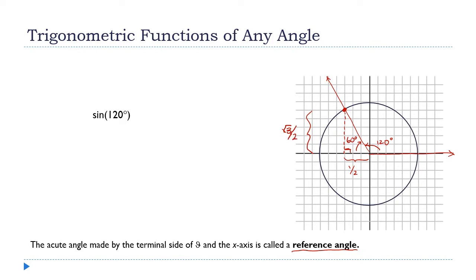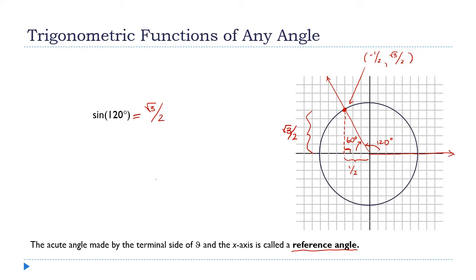So that means that the coordinates of this point are -1/2, comma, the square root of 3 over 2, which makes the sine of 120 degrees equal to the square root of 3 over 2, the y coordinate of that point.